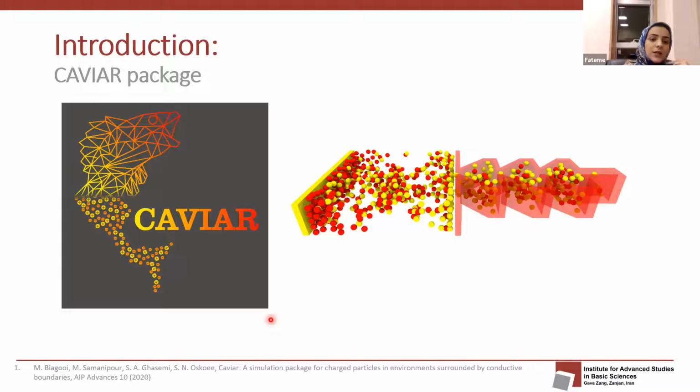It is a molecular dynamic simulation package that is very useful for this kind of problem. They can use it easily with the PLT algorithm that I will introduce in the next slide.